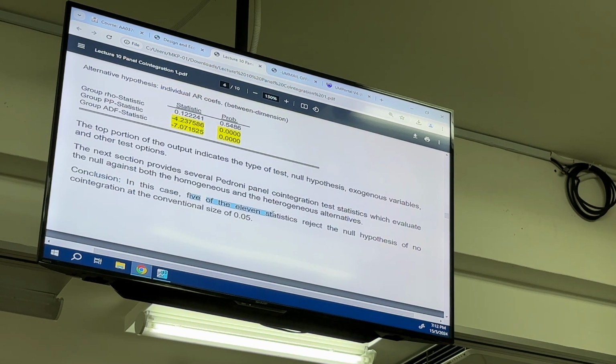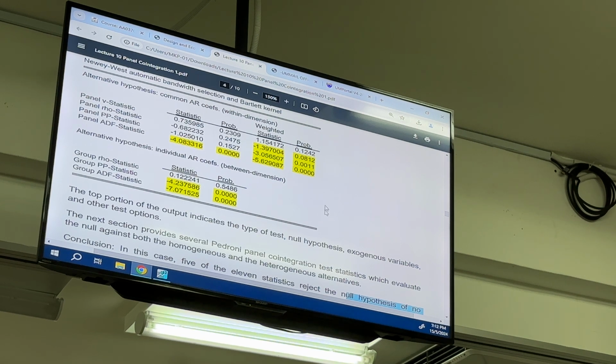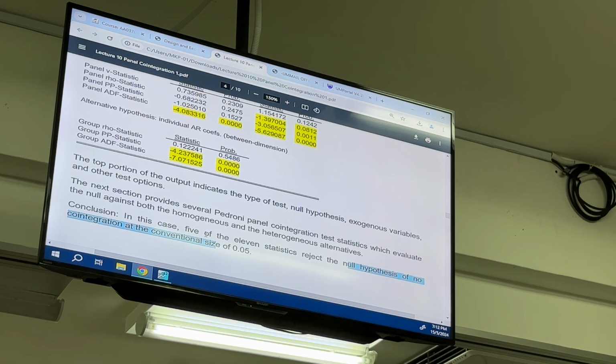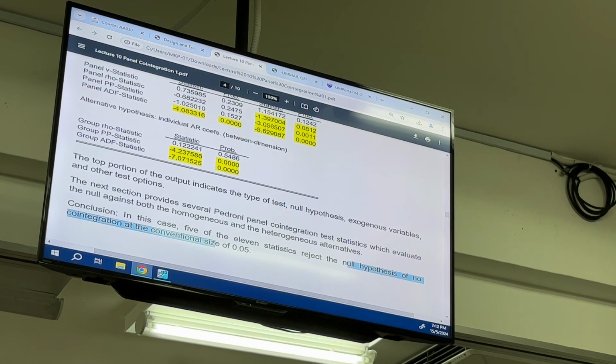5 out of 11 reject the null of no correlation at 5%, at least 5%. Based on this, we tested the equation by including just the intercept. What do we conclude? 1, 2, 3, 4, 5, 6. This one is not at 5%, so it is not included. So 1, 2, 3, 4, 5.